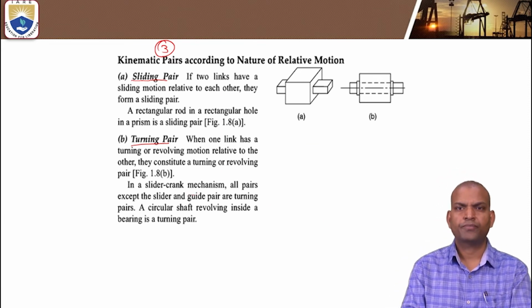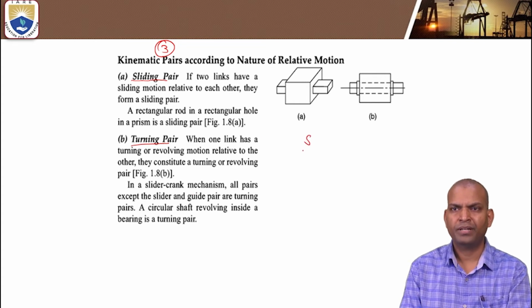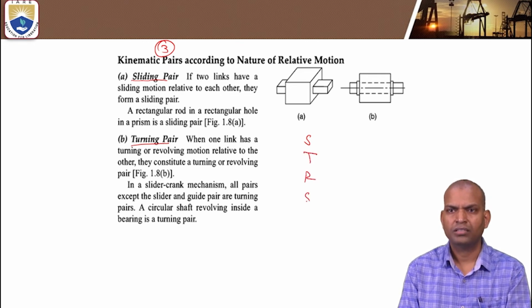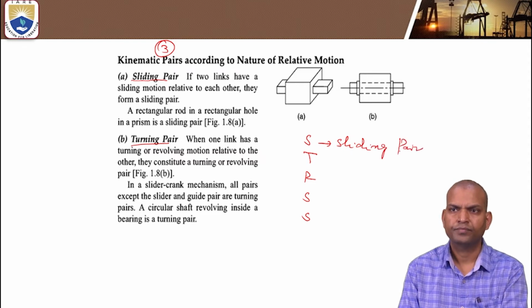Now what is the sliding pair? Remember, right at the start, S, T, R, S, S. These are the 5. What is S for here? Sliding pair.